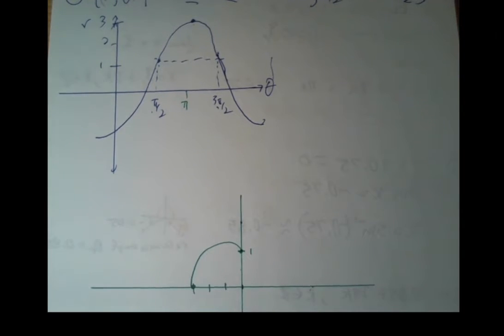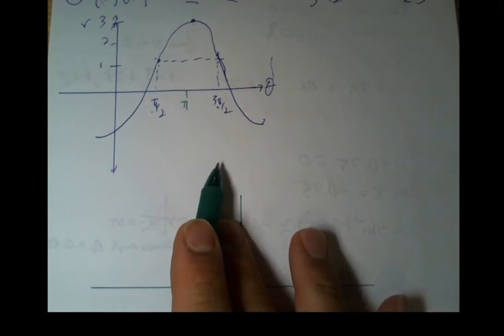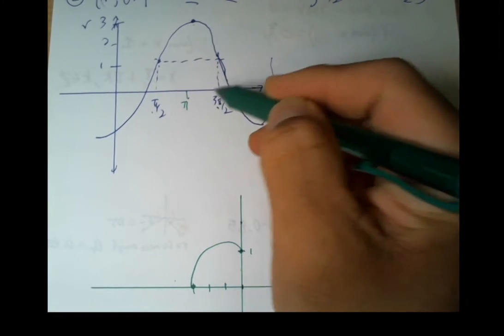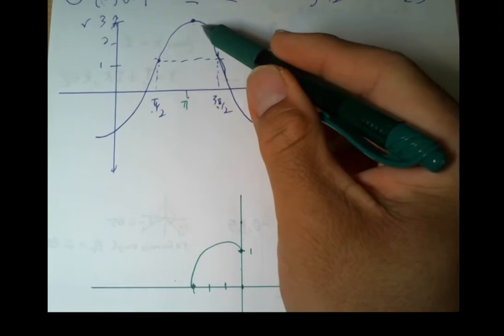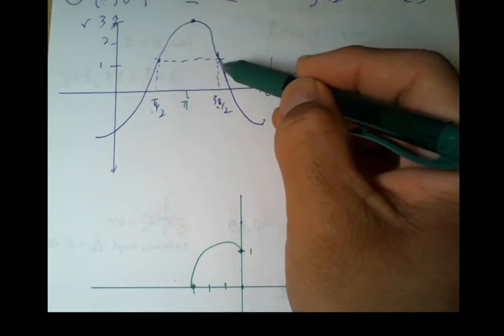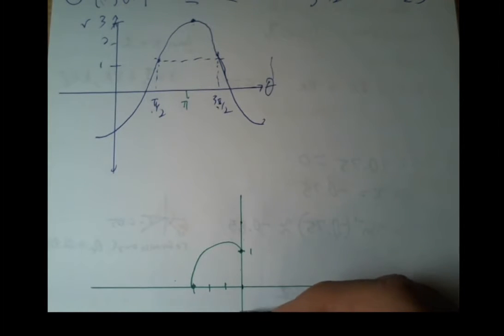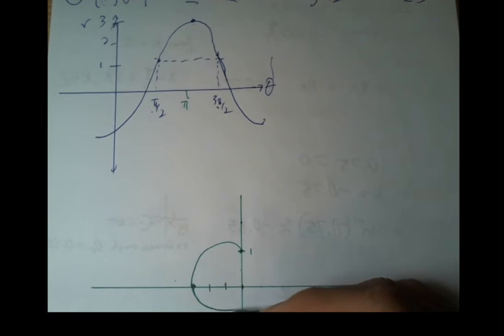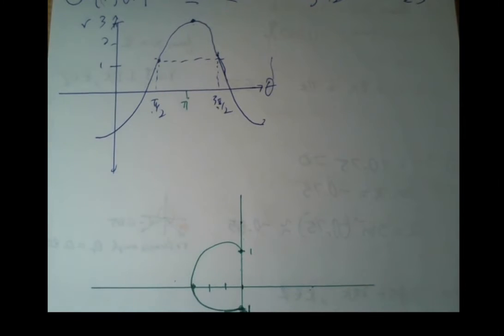Then what happens after that? Between pi over 2 and pi, we have positive values of r. As you work from pi to 3 pi over 2, these values are still positive, but they're decreasing till they get back to 1. So as I move down here, call that one, to our value of r.